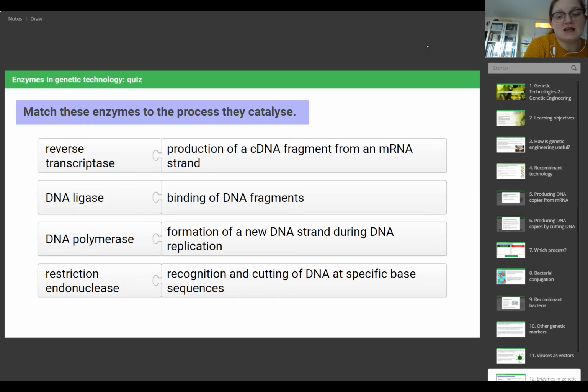So we can guarantee it gets into cells that will make the silk. Otherwise, if we just inject it into the silkworm, it doesn't go to the right place and it makes no difference.